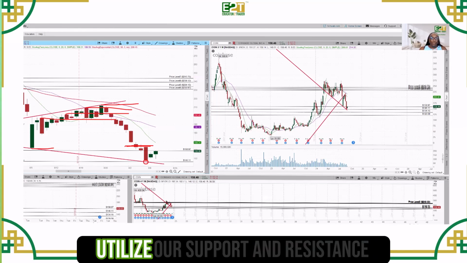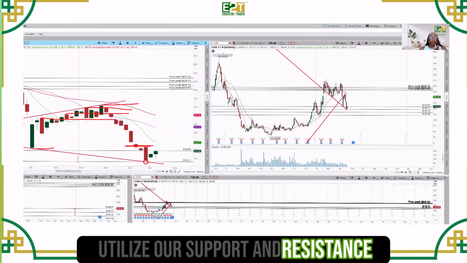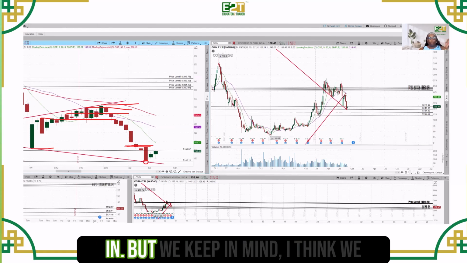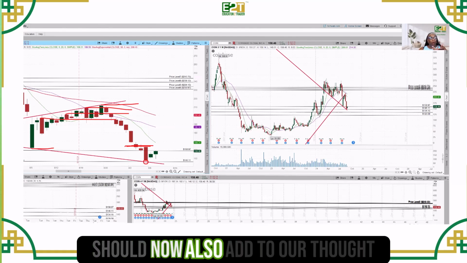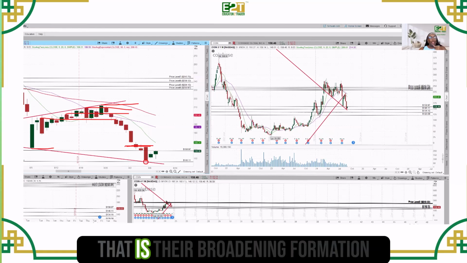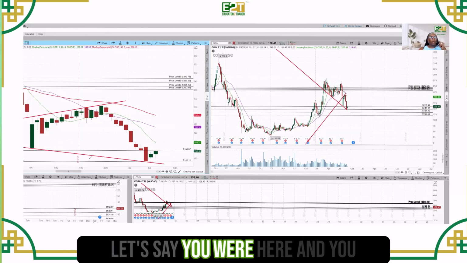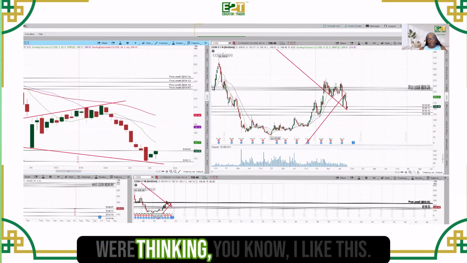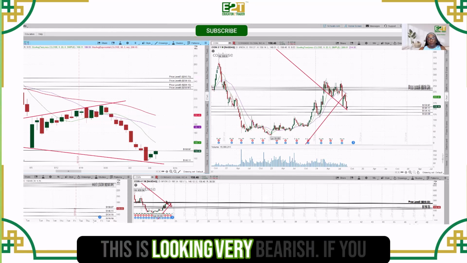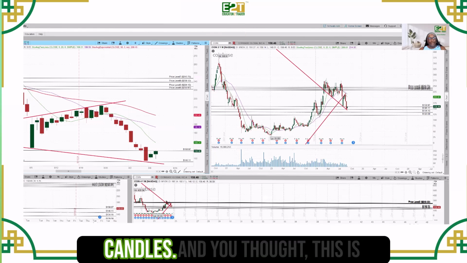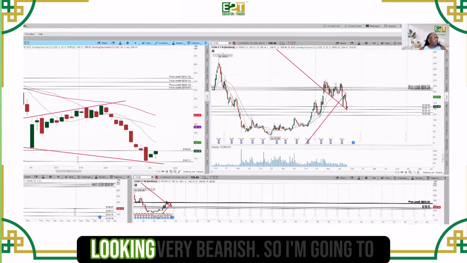So we do utilize our support and resistance numbers because those are places where buyers and sellers can step in. But I think we should now also add to our thoughts: is there a broadening formation at work? Right. So I was saying too, let's say you were here and you were thinking, this is looking very bearish. If you didn't have these green candles, and you thought this is looking very bearish.